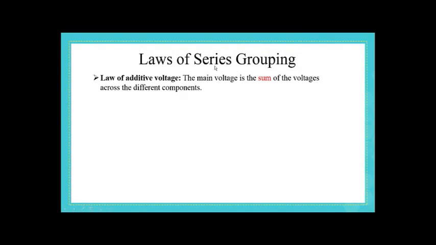So, in brief, in series grouping, the first law to be taken is the law related to voltage. As you have seen in the video, we have additive voltage, in a way that the main voltage is equal to the sum of the voltages across the different components.